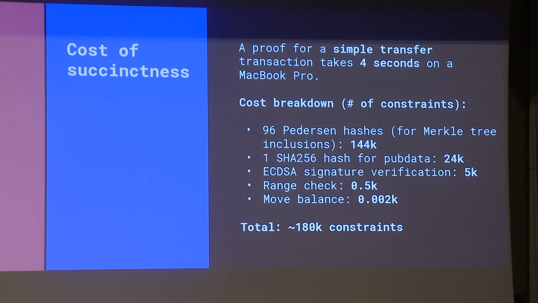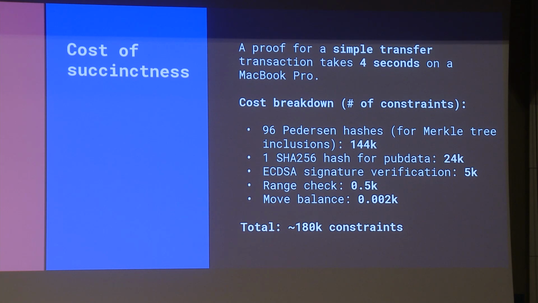So we measure the complexity of zero-knowledge proof programs. We call them circuits. And the complexity is measured in what we call constraints, which is a technical term, but they linearly correspond to the complexity.